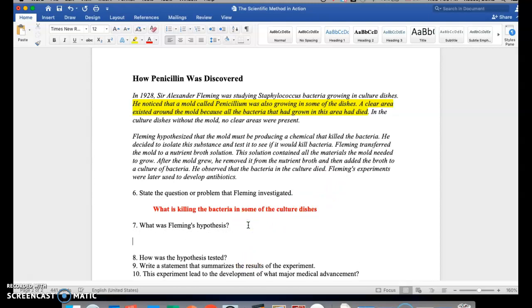Next one was actually pretty straightforward, I thought, and it is, what is his hypothesis?